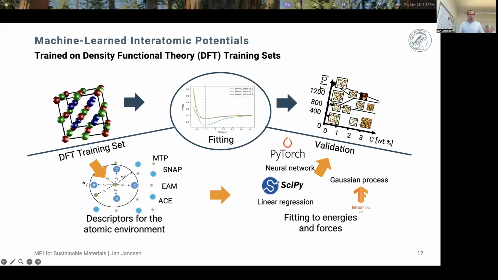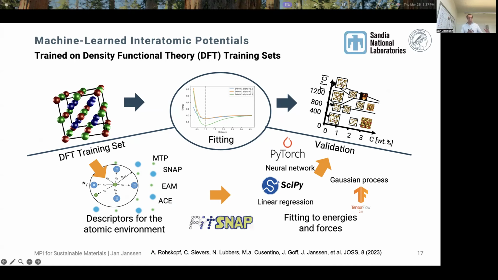These machine learning potentials are commonly constructed in two parts. One is the atomistic descriptor, which maps the local environment of atoms to a descriptor space. The second part goes from this descriptor space to per-atom energies. This second part could be a neural network, a Gaussian process, or a linear regression.